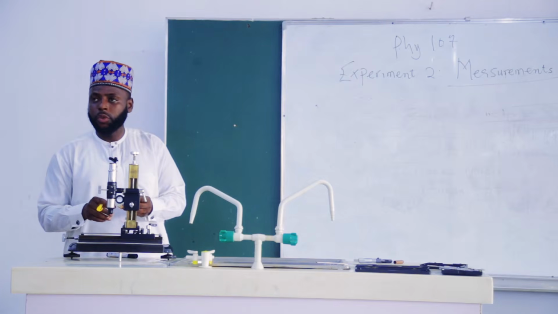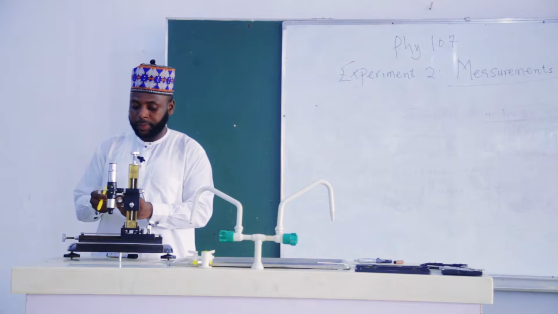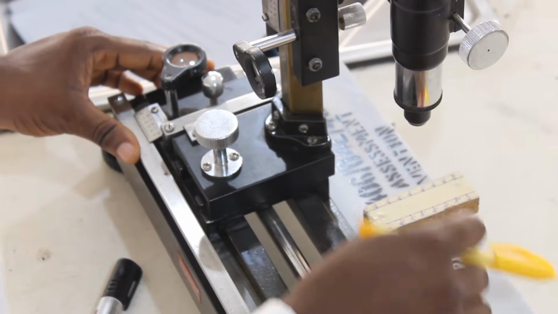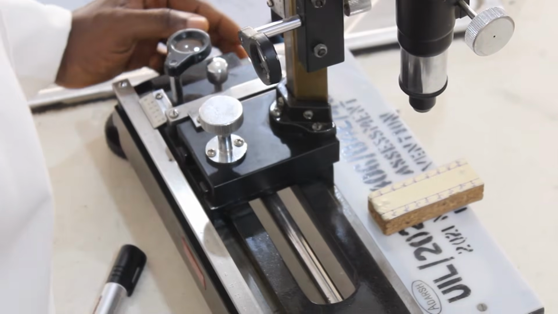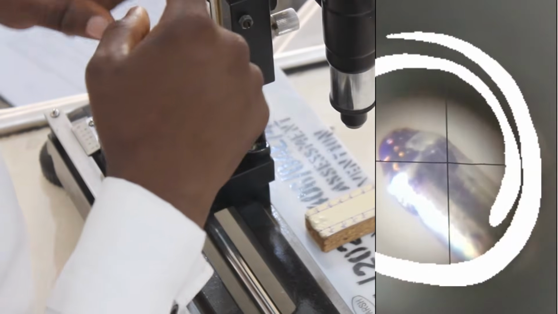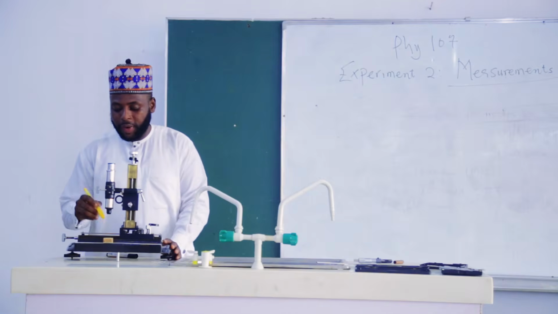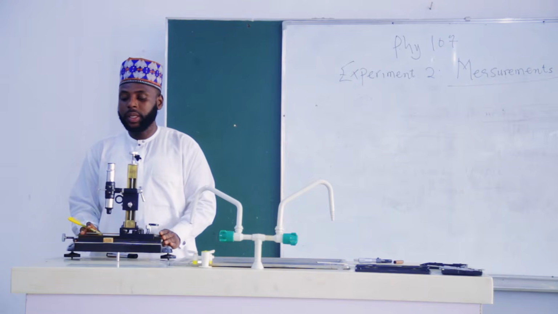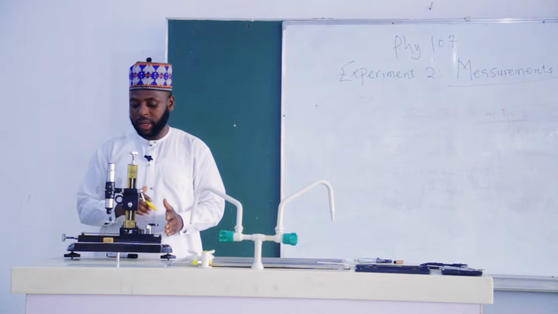In order for us to do that, we need to place this plank under the microscope and find the position on the microscope where the cross wire is directly on the line. Once we find the spot, we take our measurements, then move to the other line, hence traveling to the other side.